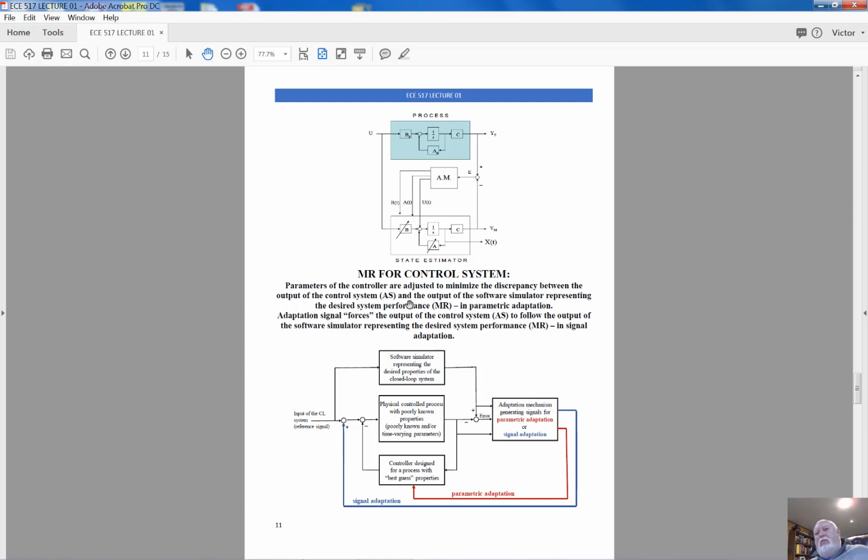Now I want to talk about model reference for control systems. First of all, I want you to see a real physical controlled process.